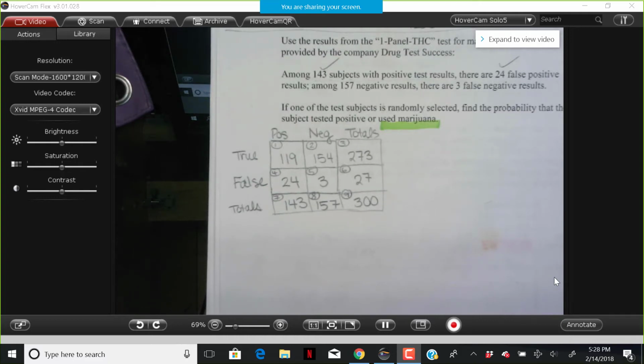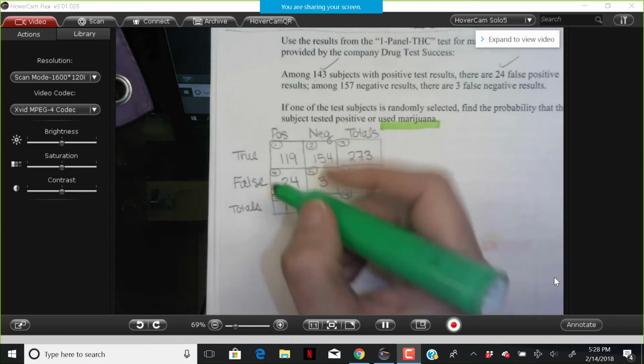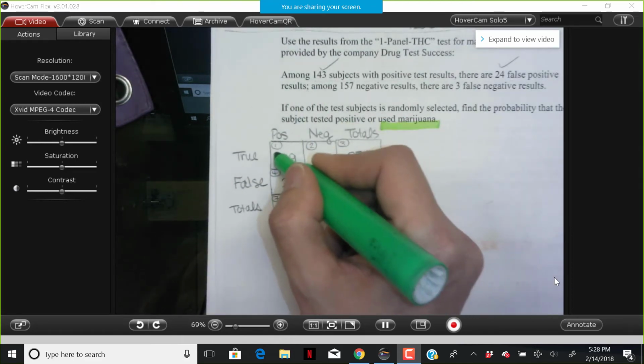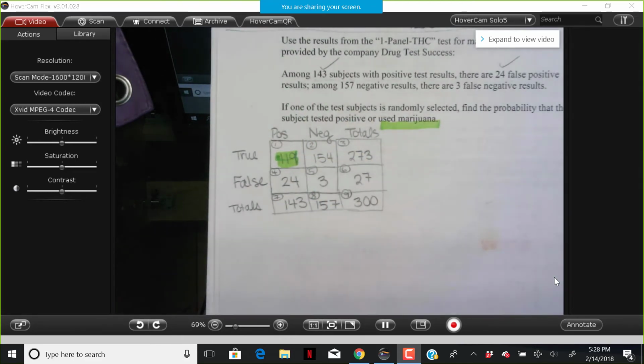Yes. Positive test result, and the test was true. That means they used. Okay. Would this one be used? No. So the test was negative, and it was true. So did they use? No. The test is true.